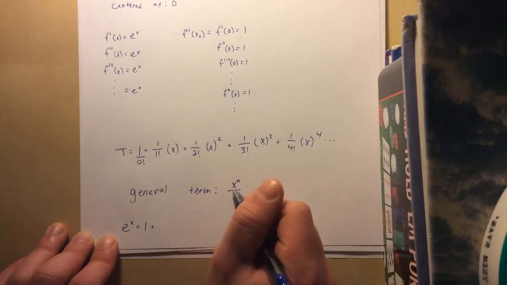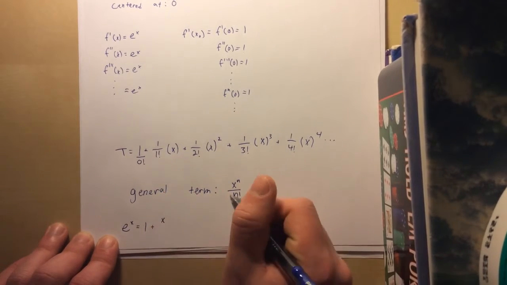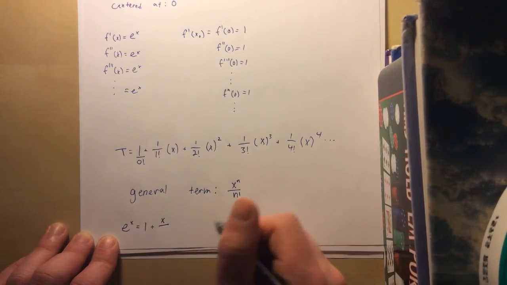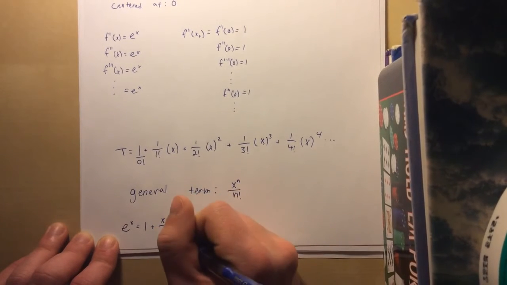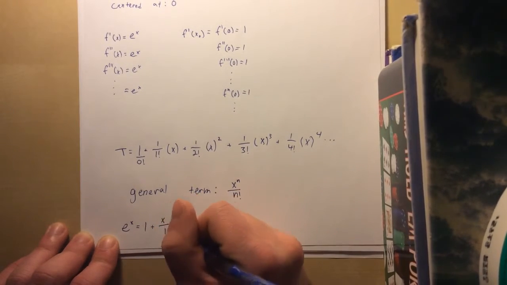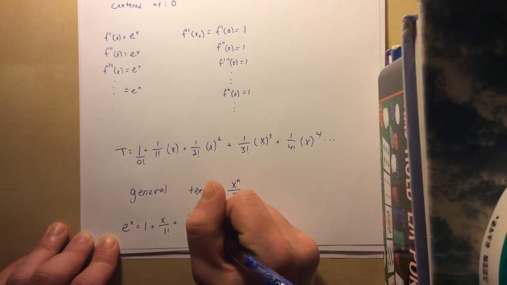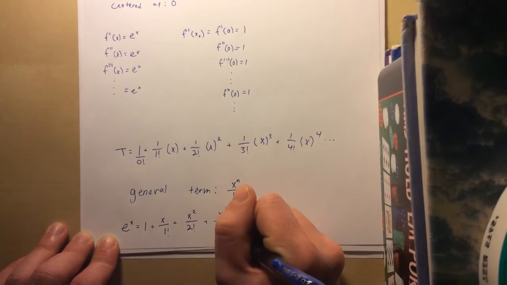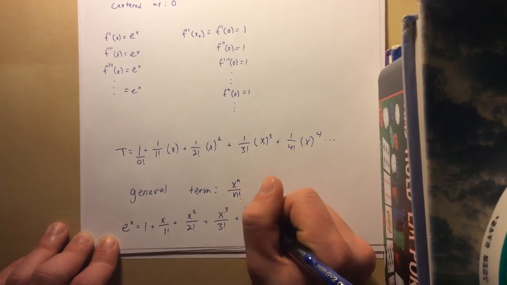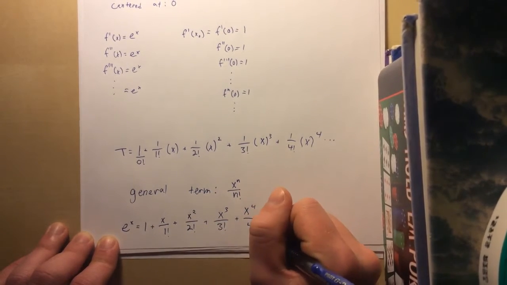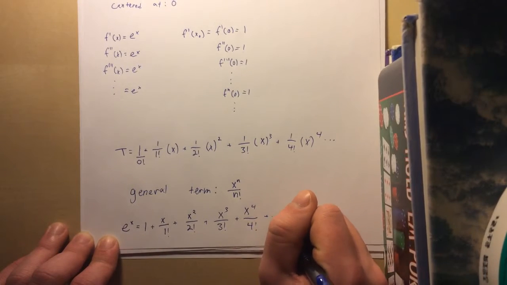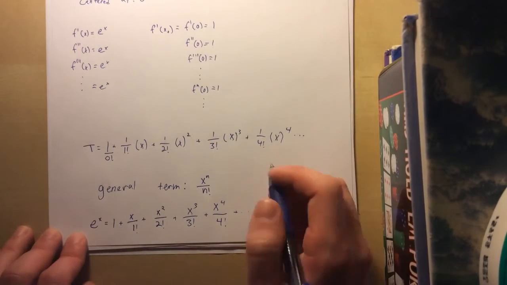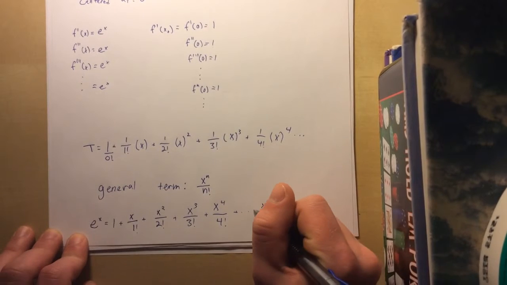So 1 times x to the first over 1 factorial plus x squared over 2 factorial plus x cubed over 3 factorial plus x to the 4th over 4 factorial. That goes on till our general term.